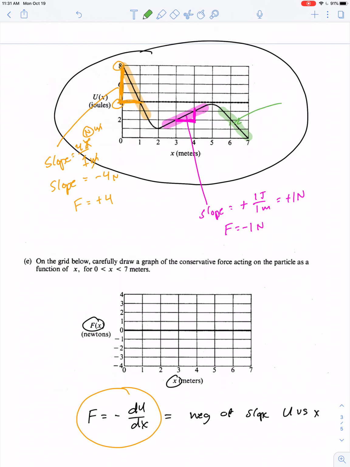And this last line segment, let's look here to calculate our slope, our value of rise over run. So here we have a slope equal to negative 2 joules per meter, which means the force is positive 2 newtons.